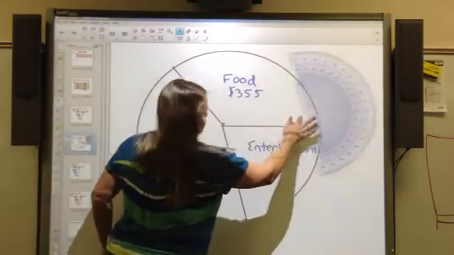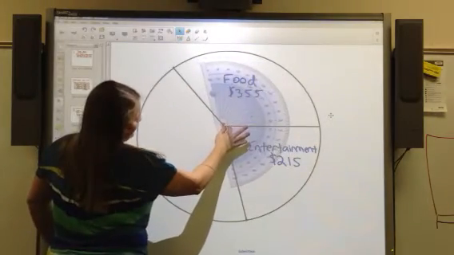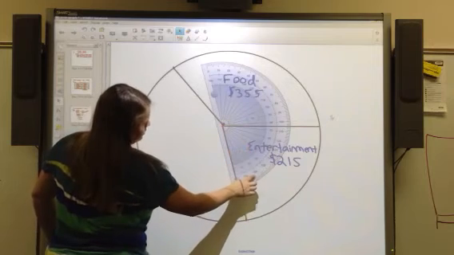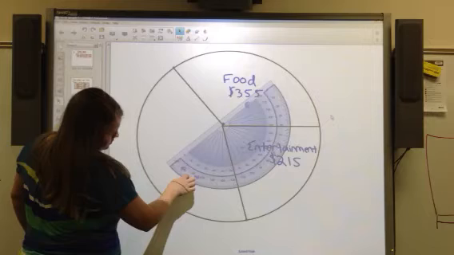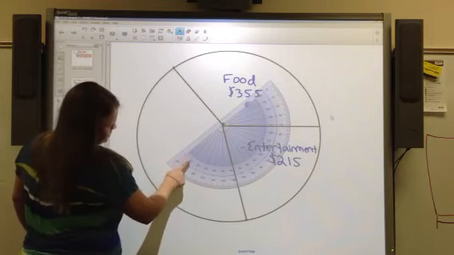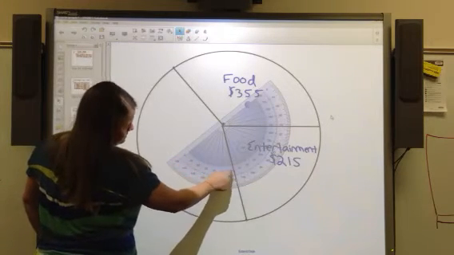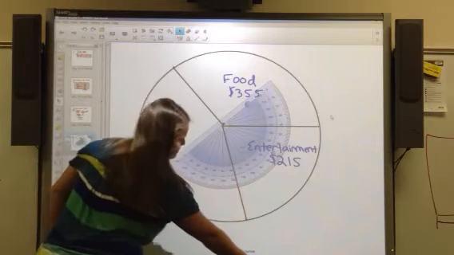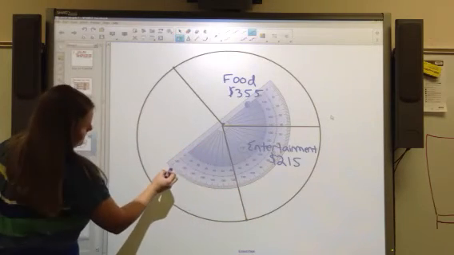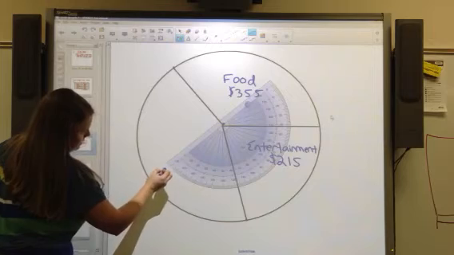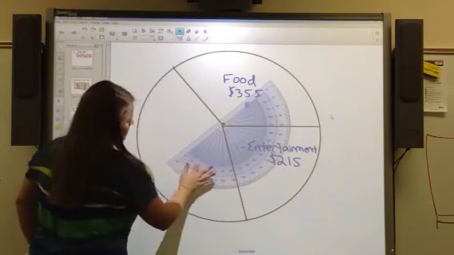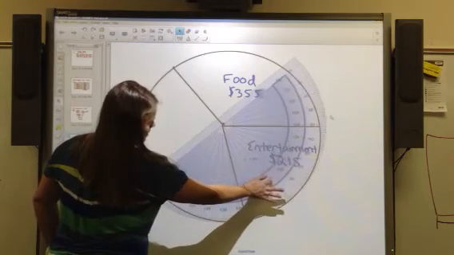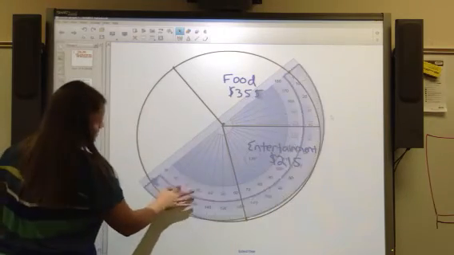Bring my protractor back over. Line it back up in the center. Rotate it. And again, I'm looking for 62 degrees. So I've got 0, 10, 20, 30, 40, 50, 60. I know that's 62 right there. Make my point, my line, by that 0. Whoops, oh, look at that. Just looking for that earlier.